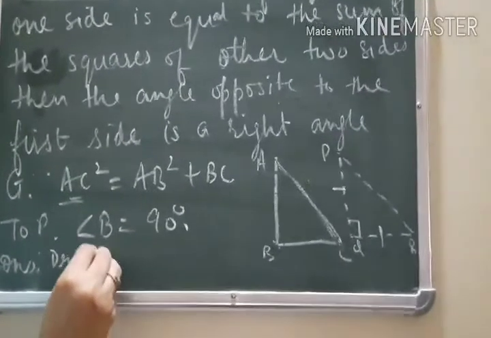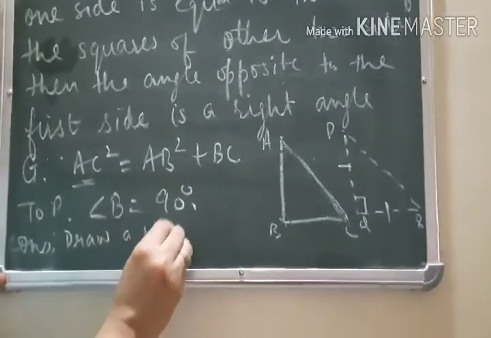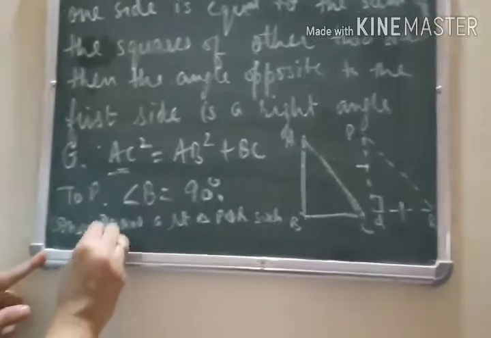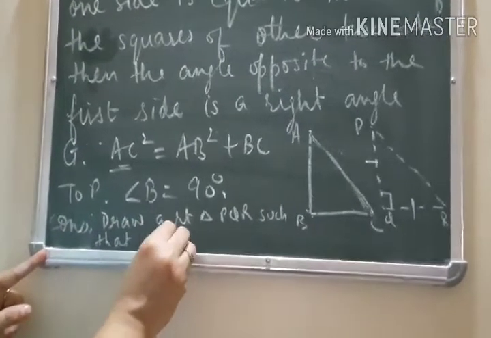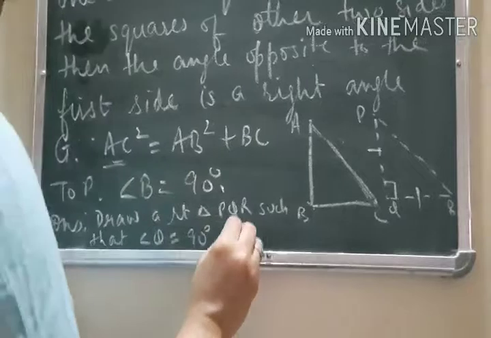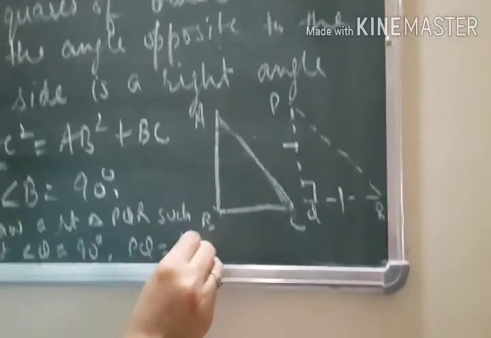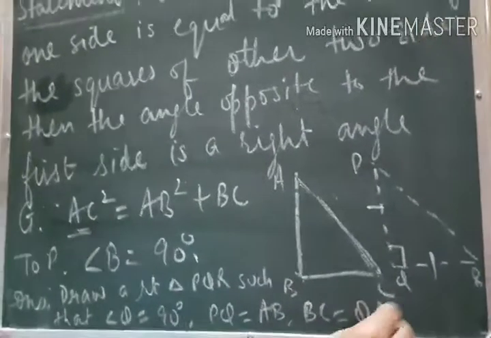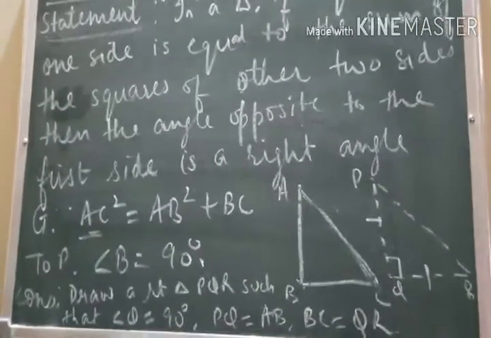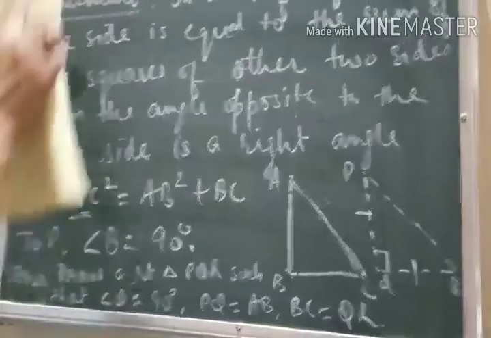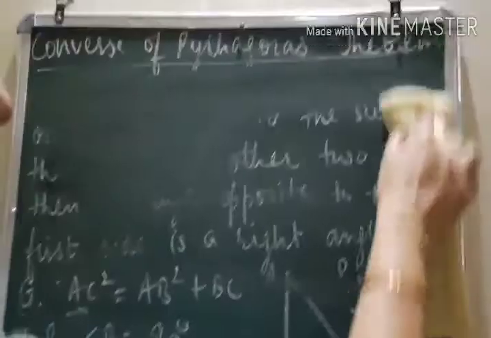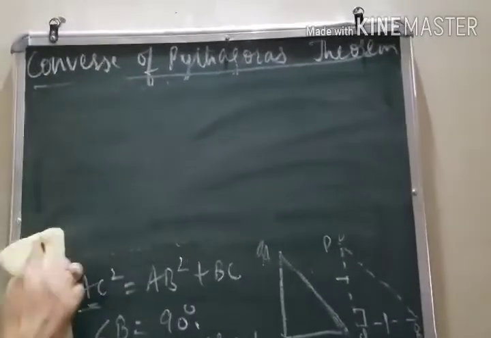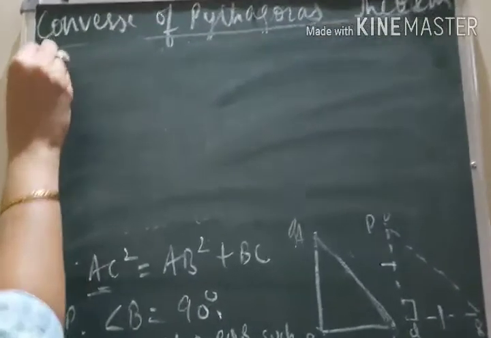Draw a right triangle PQR such that angle Q is equal to 90 degrees, PQ is equal to AB and BC equal to QR. These three things we'll take in the construction. Its proof is very easy. We have just taken many things in the construction and then we are going to prove it.